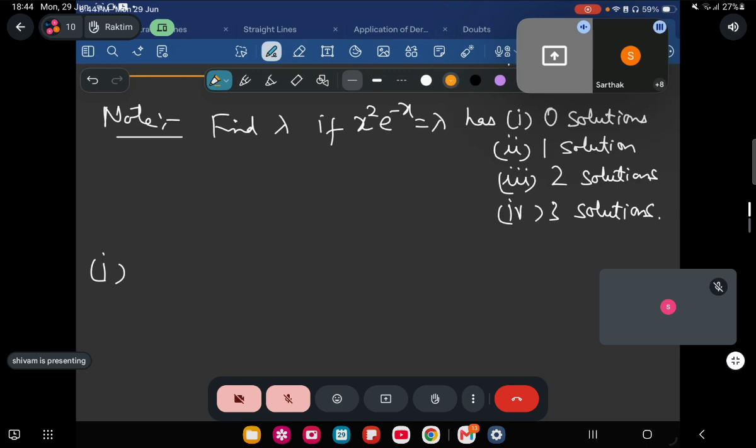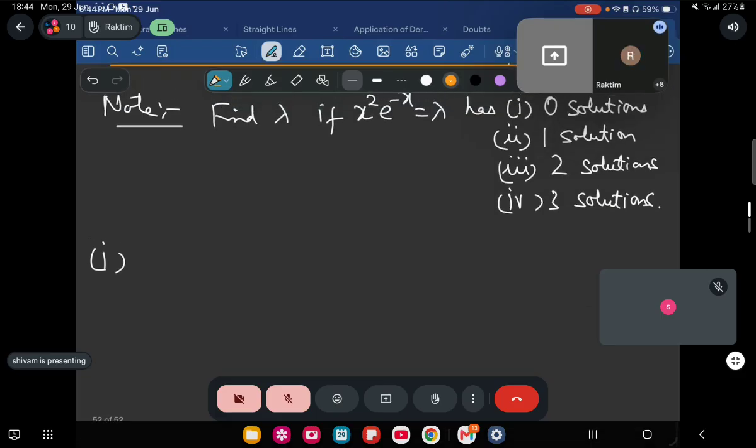It will be some range of lambda. Of course. Sir, lambda less than 0. Lambda less than zero. Very good. Lambda belongs to minus infinity comma 0. Right, tell me. If you people didn't understand, you ask me, I'll explain again.